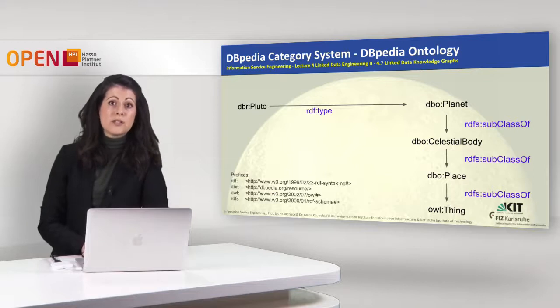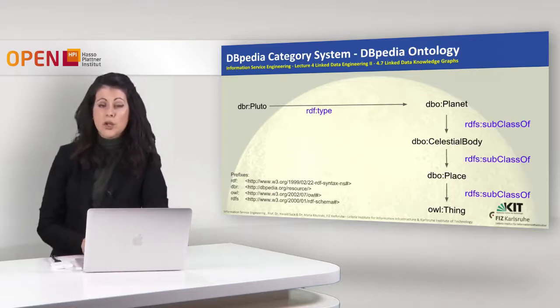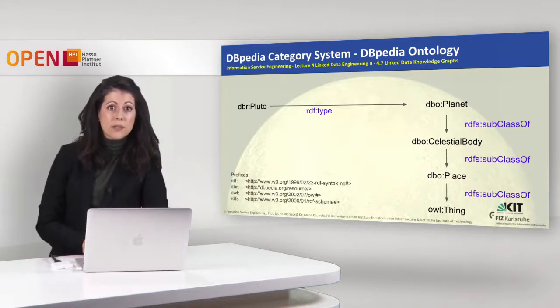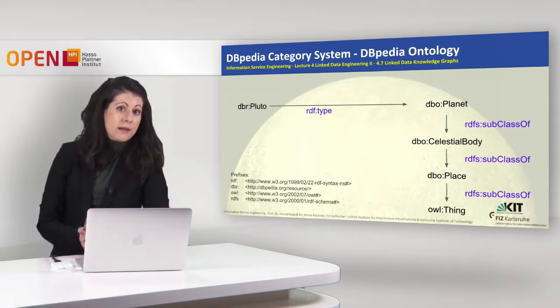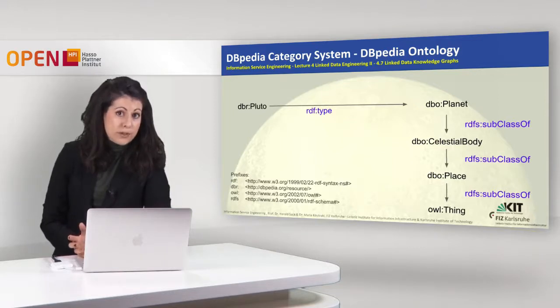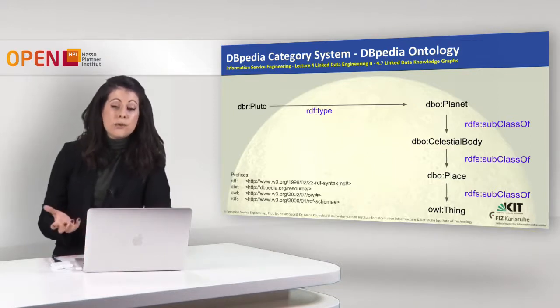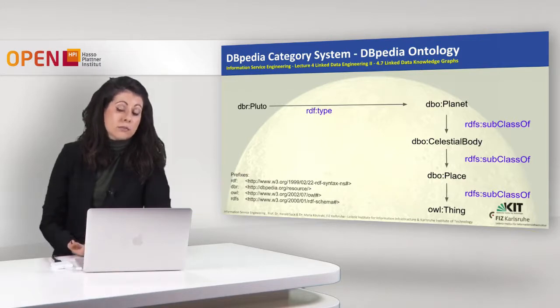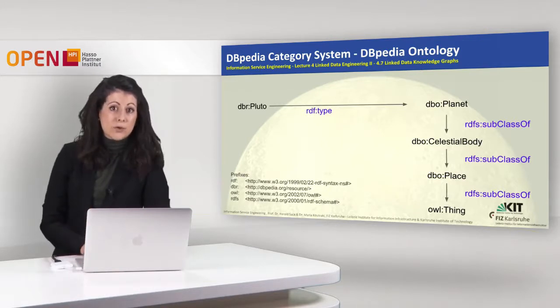And the second category system is based on the DBpedia ontology itself, so the classes in the DBpedia ontology. Here an entity or a resource in DBpedia, here we have Pluto, is linked via the property rdf:type to the class to which it belongs, as we've seen in the previous parts of this lecture.